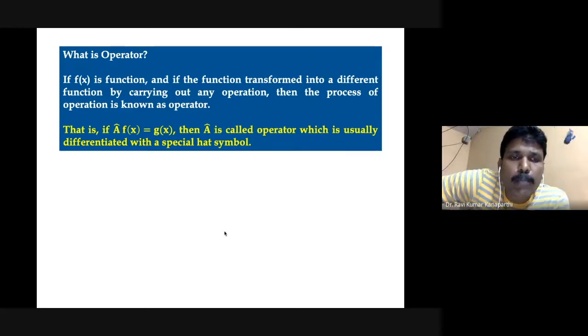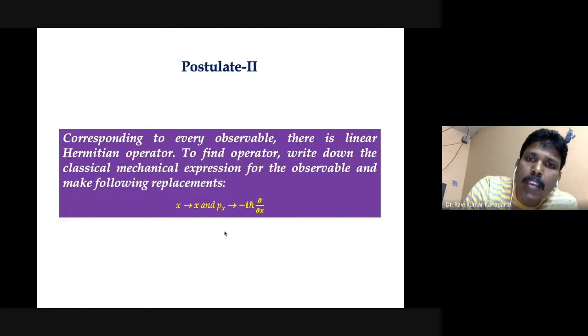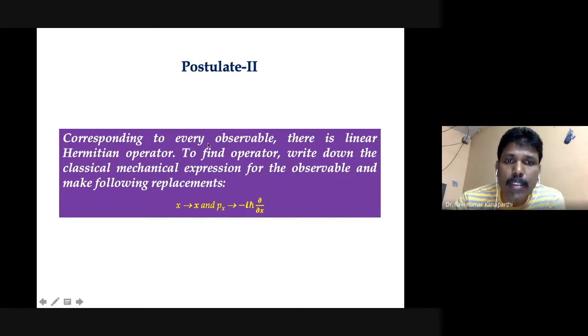Now, in the statement, corresponding to every observable, within the first sentence itself, we learned what an observable is. The continuation is that corresponding to every observable, there is a linear Hermitian operator.